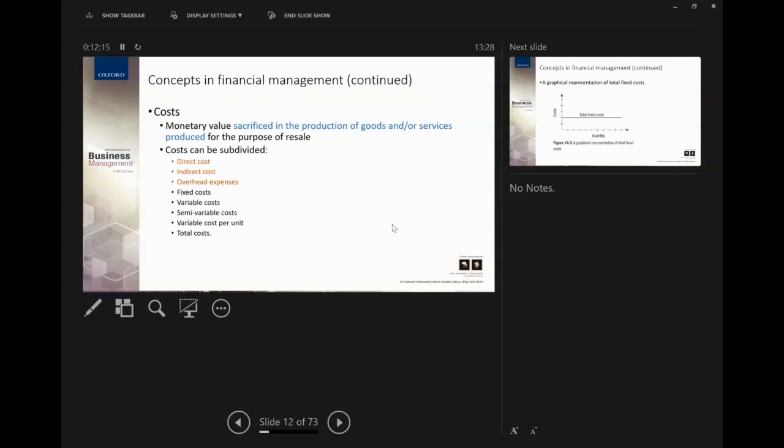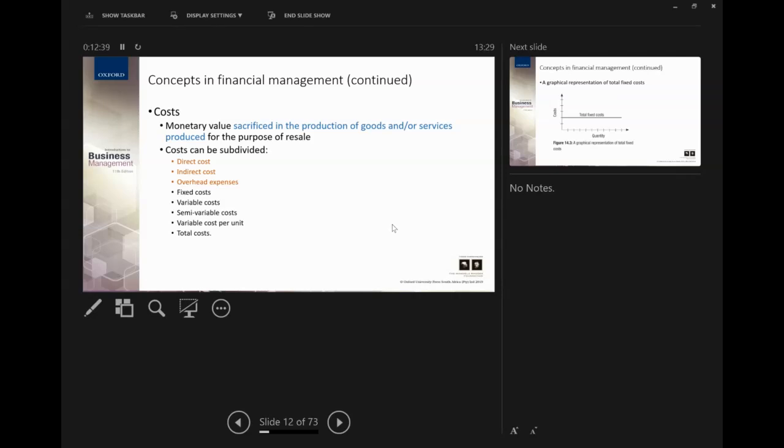Costs, very simply, these are the expenses that we incur whilst conducting business, whilst trying to fulfill our business activities. Okay? So, I mean, your textbook goes a long way in obviously providing you guys with the fundamentals of financial management. Okay?